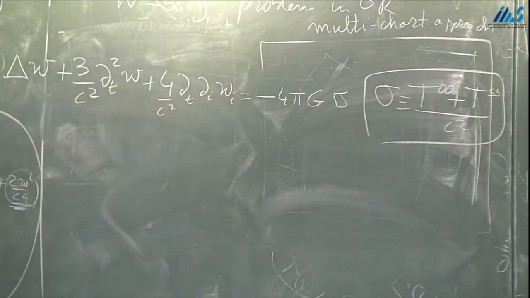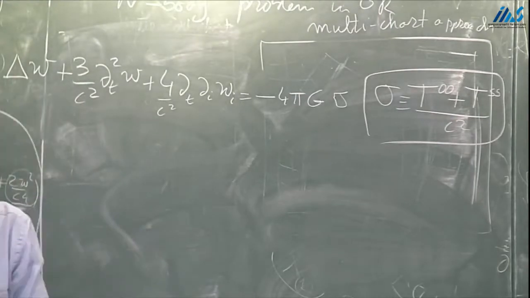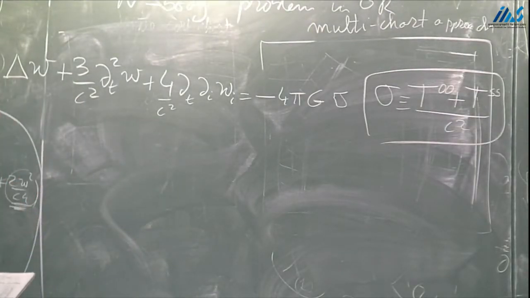Now, in cosmology, this thing would be epsilon plus 3p, okay, which indeed appears in one of the Friedmann equations. Okay, that's the one which appears here.